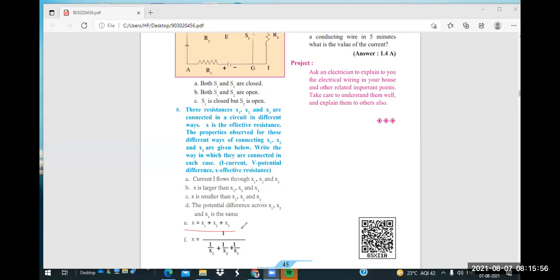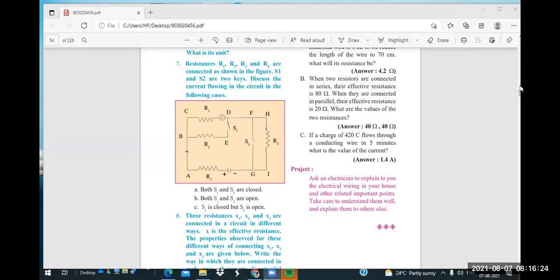When we speak about this, the effective resistance is equal to 1 upon the sum of 1 upon X1 and 1 upon X2 and so on. Okay, it's very easy to understand and a very simple question, if you have learned the characteristics of resistances connected in parallel and in series. Then easily we'll get it.